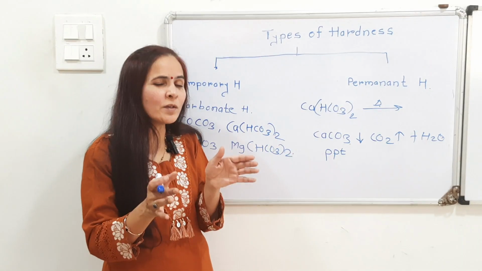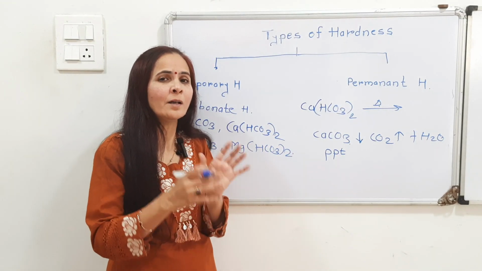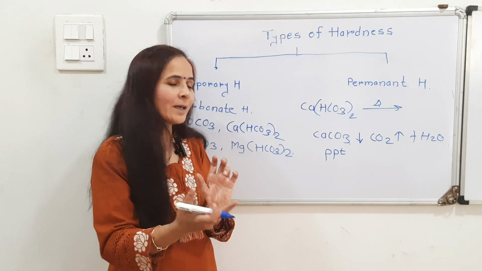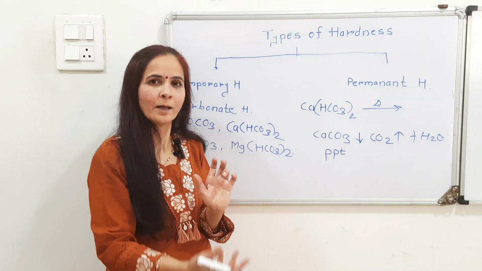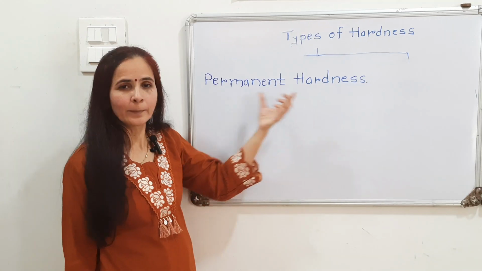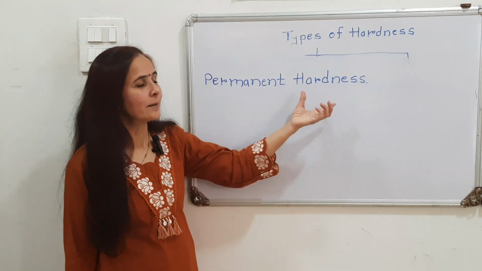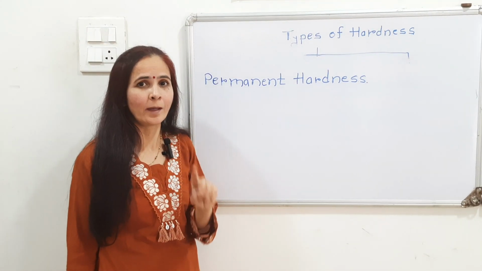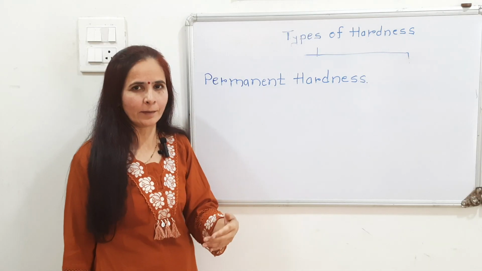This hardness is caused only for some time, that's why it is known as temporary hardness. Now we will see the permanent hardness. Permanent hardness is also known as non-carbonate hardness.